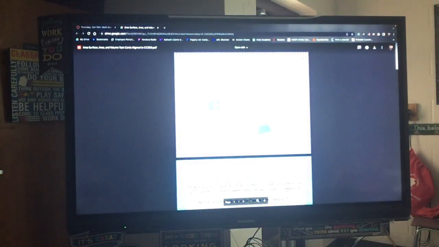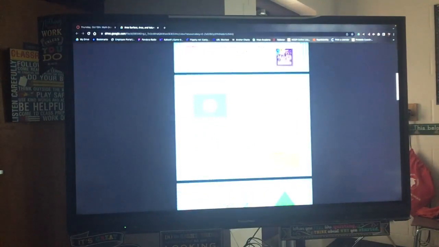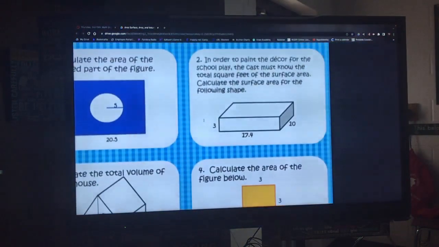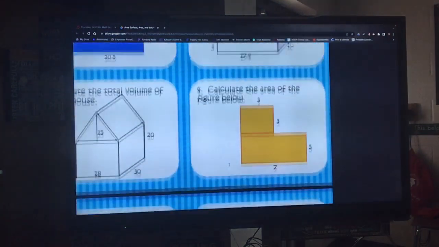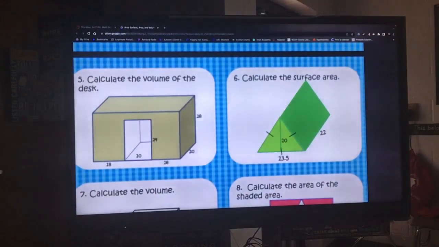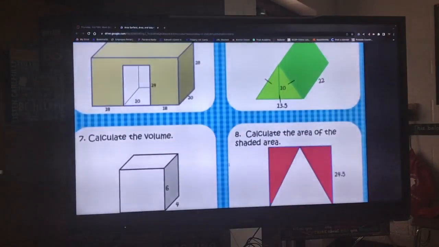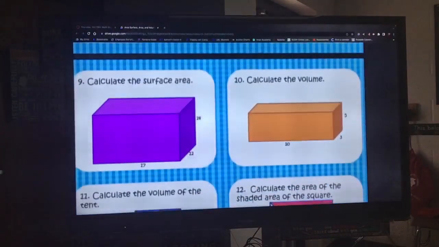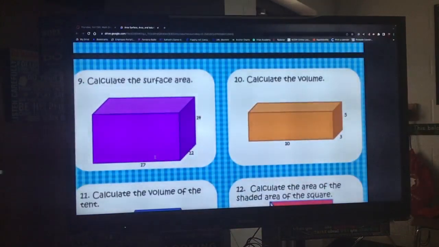I'd never heard children complain so much in my life. So you are doing problems number 2, number 4, number 5, number 6, 8, and 9.